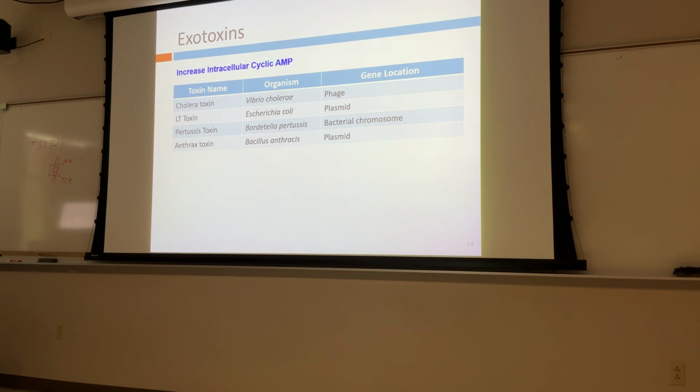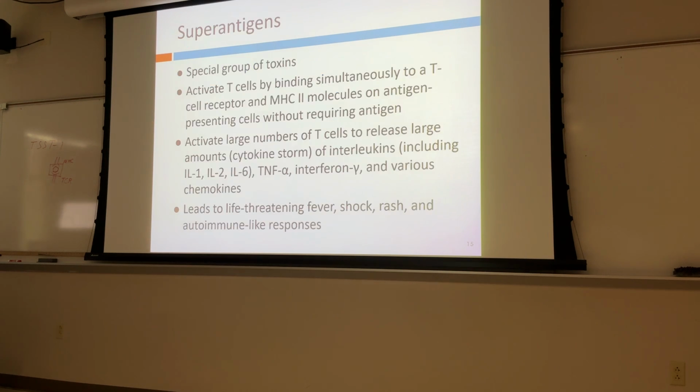Again, for intracellular signaling, a lot of these things are gonna target cyclic AMP. There's some examples there, we'll talk about some of those. We've talked about superantigens already. Things like toxic shock syndrome toxin 1 are gonna lock that T cell and MHC II response together, so it just keeps on eliciting this immunogenic response.